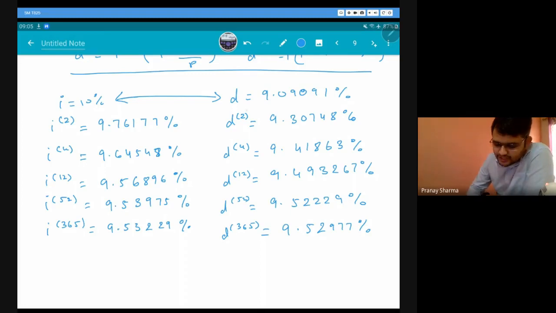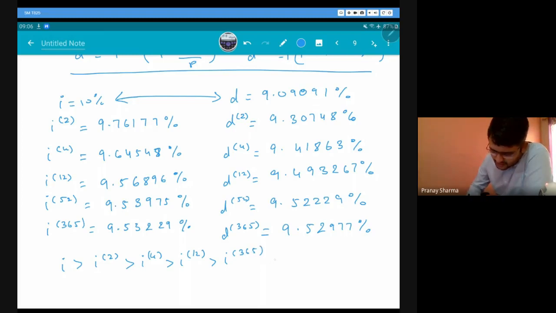The lowest being D. D will always be the lowest, and you can see how the trend is going. Our I is greater than our I2, greater than I4, greater than I12, greater than, I will skip I52, I'll just write I365.